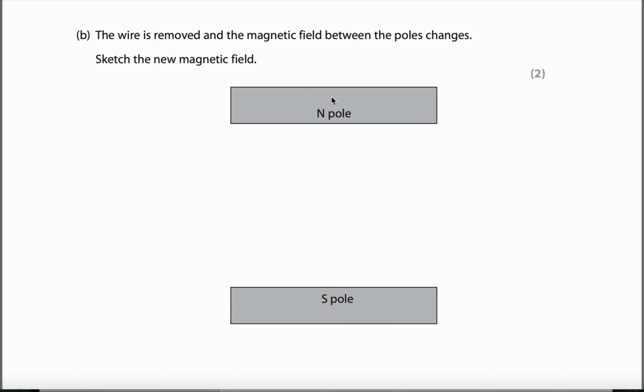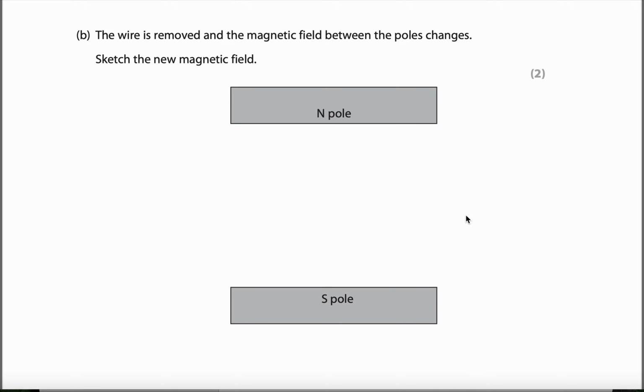So the South Pole would be above the North Pole here. They're not bar magnets where you have the North Pole at one end and the South Pole at the other end. These are ceramic magnets with wide poles, so that gives you the chance to produce a wider uniform field. So you should draw field lines going parallel to each other between the poles.